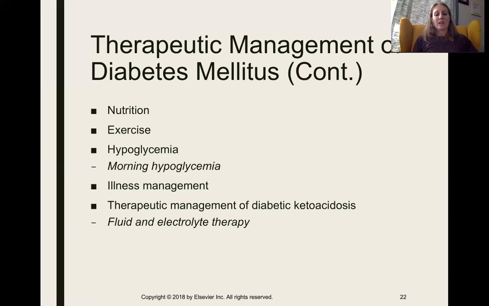And when we're looking at hyper versus hypoglycemia, hypoglycemia in the acute phase is going to be more detrimental than hyperglycemia. If you look at the box in your book, I'll tell you later which box it is, you have a great box that tells you the various signs and symptoms of hyper versus hypoglycemia.